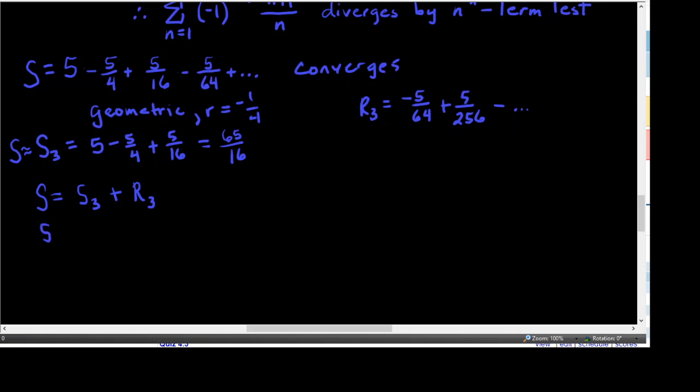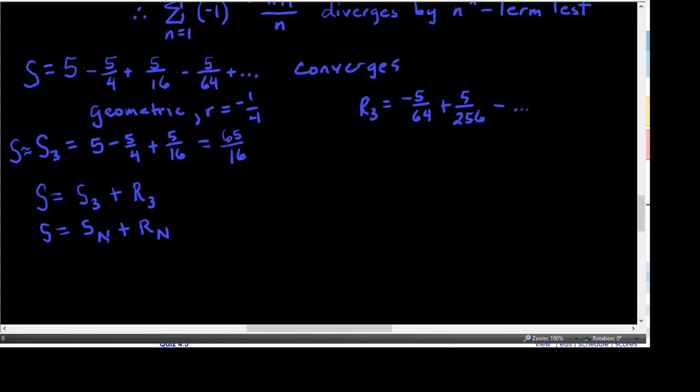Okay, so in a more general way, S is S sub n plus R sub n. When you take the first n items of the series, that partial sum, and chop that part off as an estimate of the entire series, what we're missing it by is R sub n.